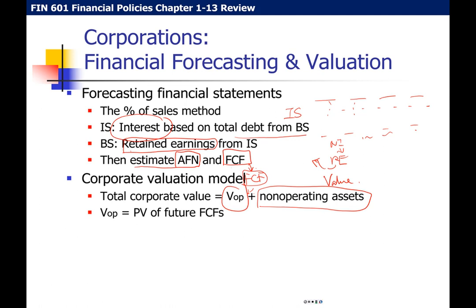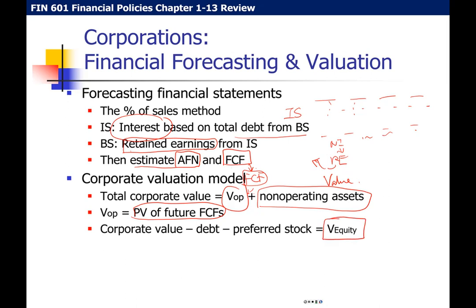So the value of operation we can get from the present value of future free cash flows. And then we get a value of this corporation, but most investors are interested in the value of equity. So how much is my stock worth?